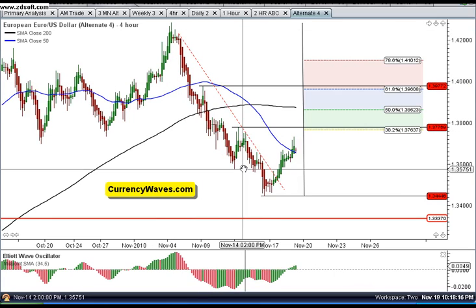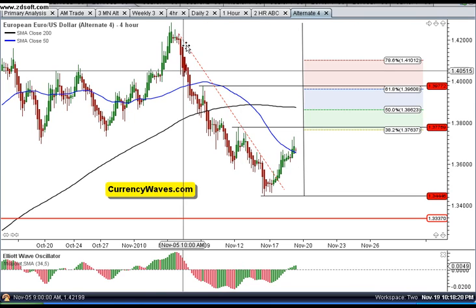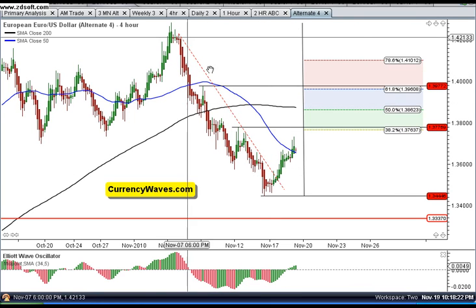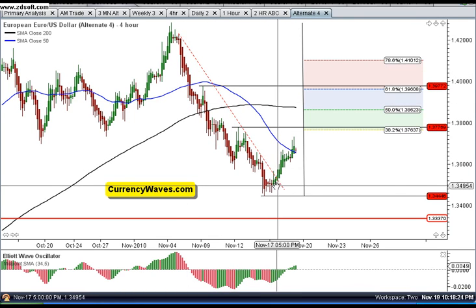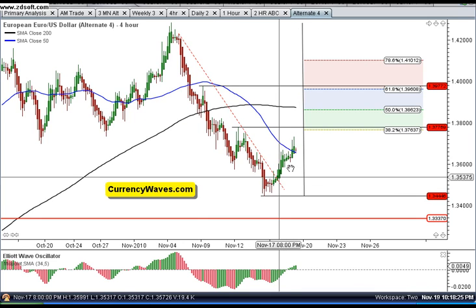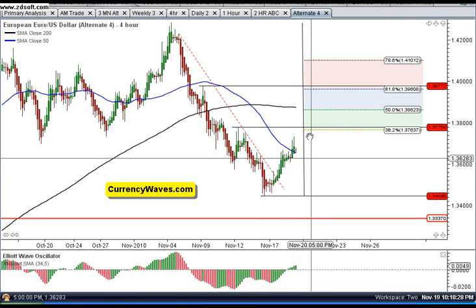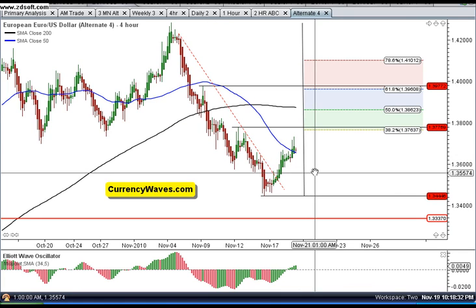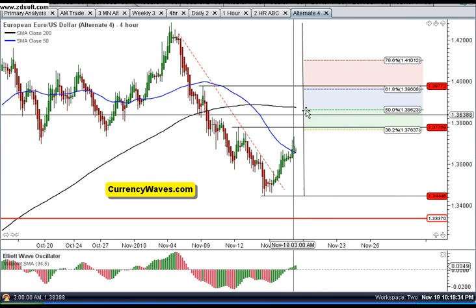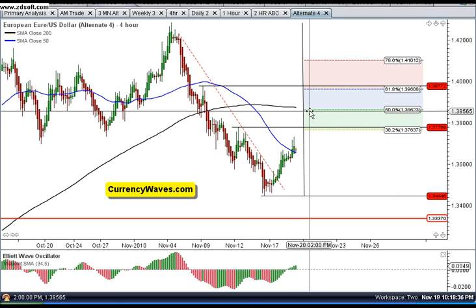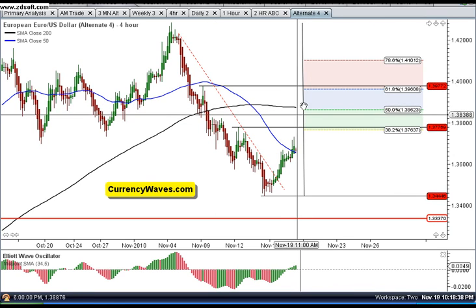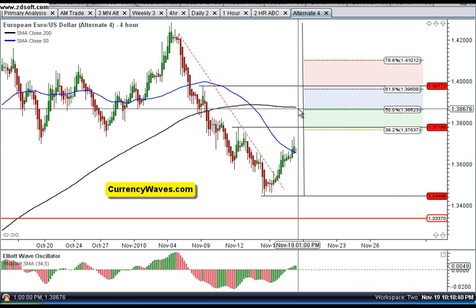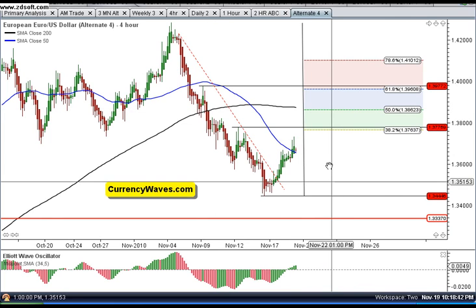Euro dollar, again, nice pullback in the euro dollar here. It broke above this downtrend line here a couple of days back, testing the 50. I would be looking for maybe a pullback, 50% retrace before heading back up and testing the 50% retrace on the 200-day moving average, 200-period moving average, I should say.